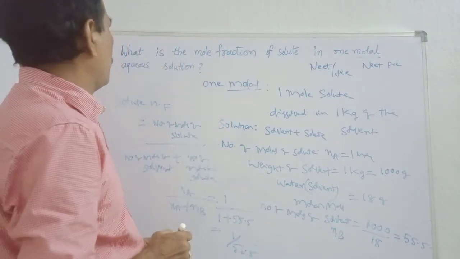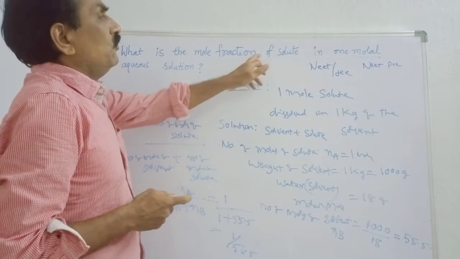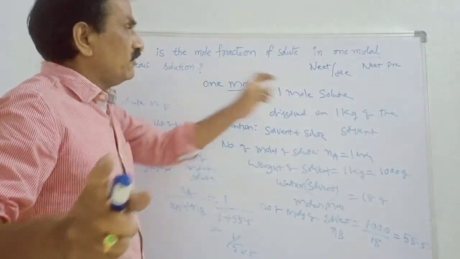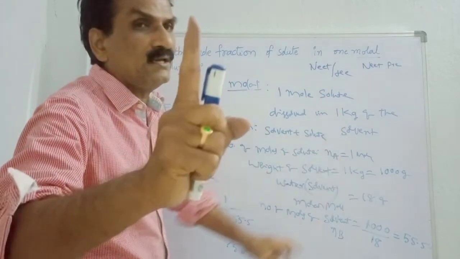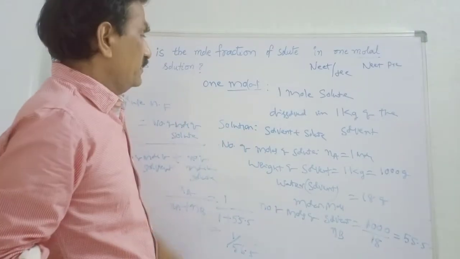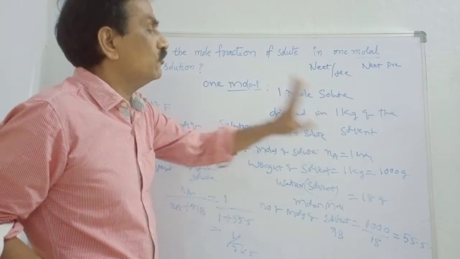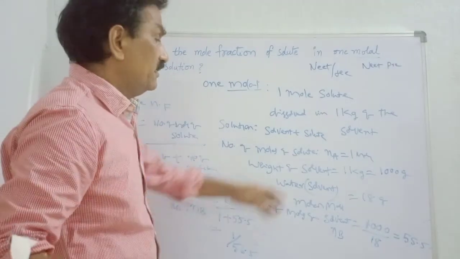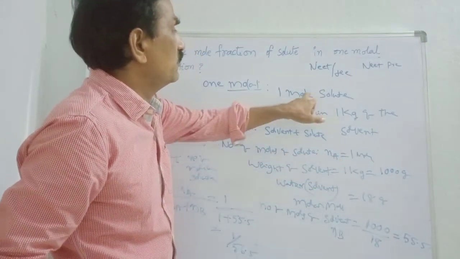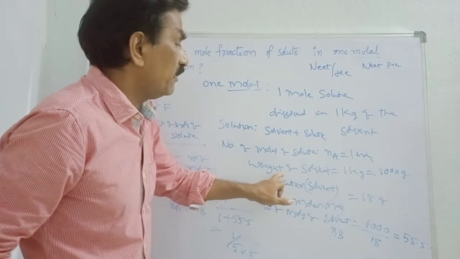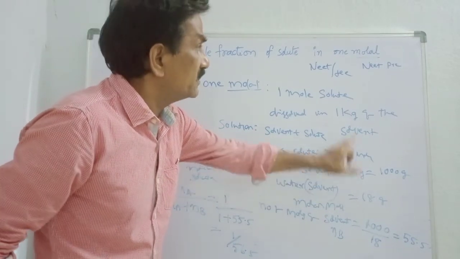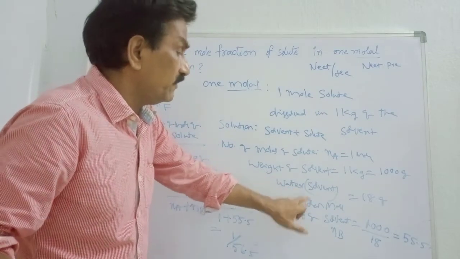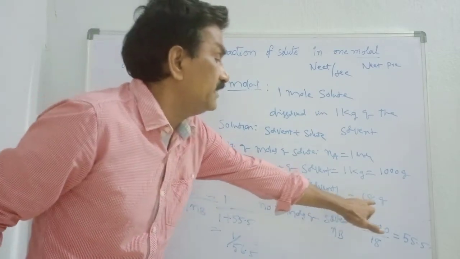So this is the problem. What is the mole fraction of the solute in 1 molal aqueous solution? Let me repeat. 1 molal means 1 mole solute dissolved in 1 kg of the solvent. Please note it. Solution means solvent plus solute. Here, number of moles of solute I am going to calculate. Number of moles of solute, how much? 1 mole. Weight of the solvent 1 kg he has given. Water molecular weight, water means solvent, molar mass 18 grams.